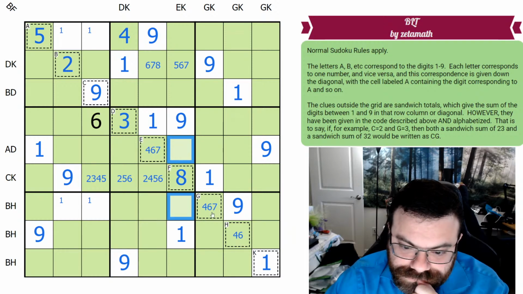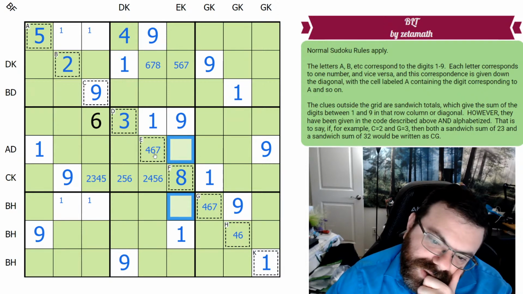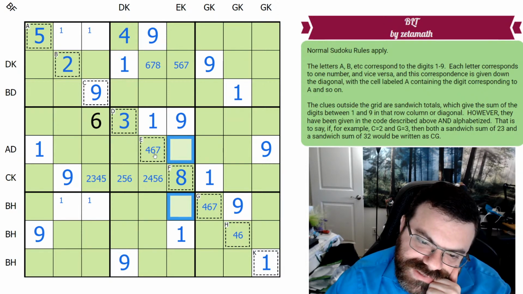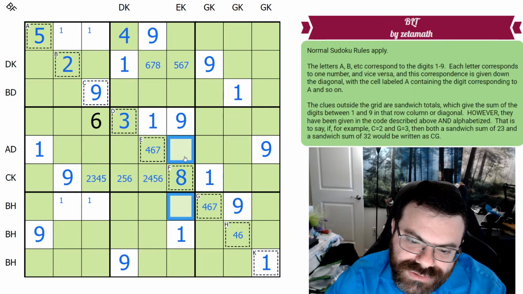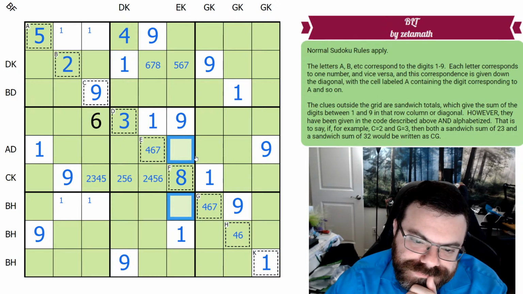EK is 14, 16, or 17. If we subtract 8, then that gives us 6, 8, or 9. Used to add to 6, 8, or 9. How would we add to 6? We'd have to use 2, 4. I think there's too many options.